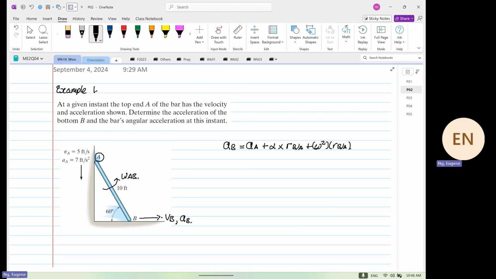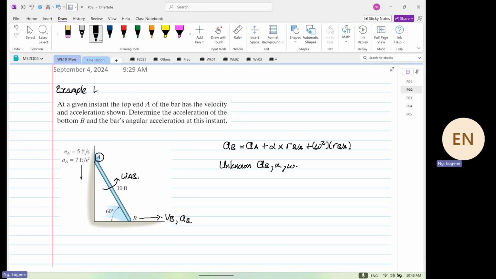So now if we were to look at our unknowns, we don't know what is the acceleration of B. We don't know what is our alpha, and likewise, we don't know what is our omega.